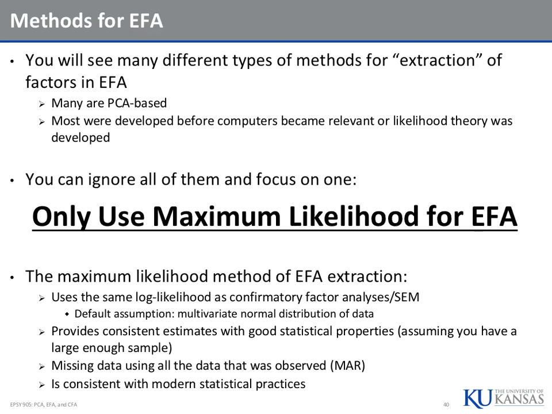All of those were developed before we had computers, right? Well, computers existed, but they weren't in wide-scale use in science. So I would like to tell you today, if you're doing factor analysis, ignore all of them and work with maximum likelihood. Why maximum likelihood? Well, maximum likelihood gives us certain properties we like.